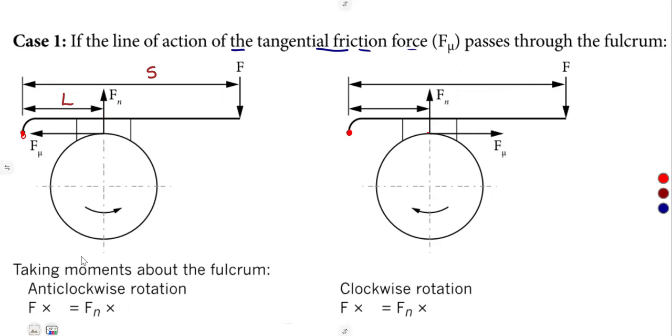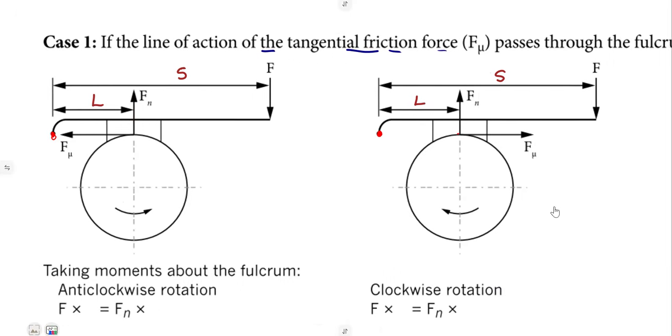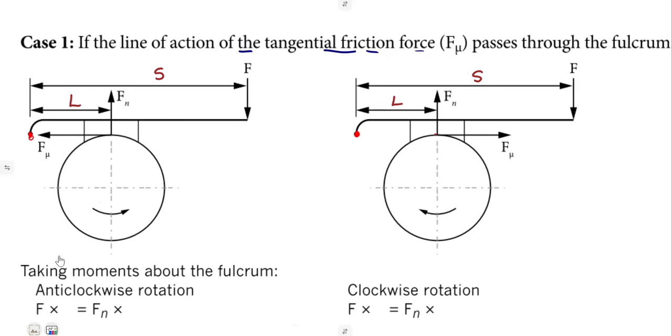All right, so that is it. We are going to apply this. It's the same thing here. This will be our S from the pivot to the force, and from the pivot to Fn is going to be L. So there are two, as we can see, one for anti-clockwise, the other for clockwise.